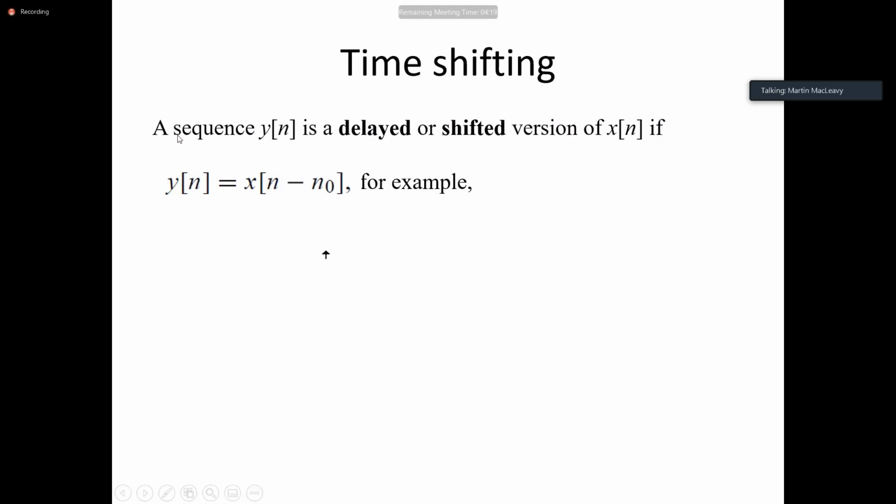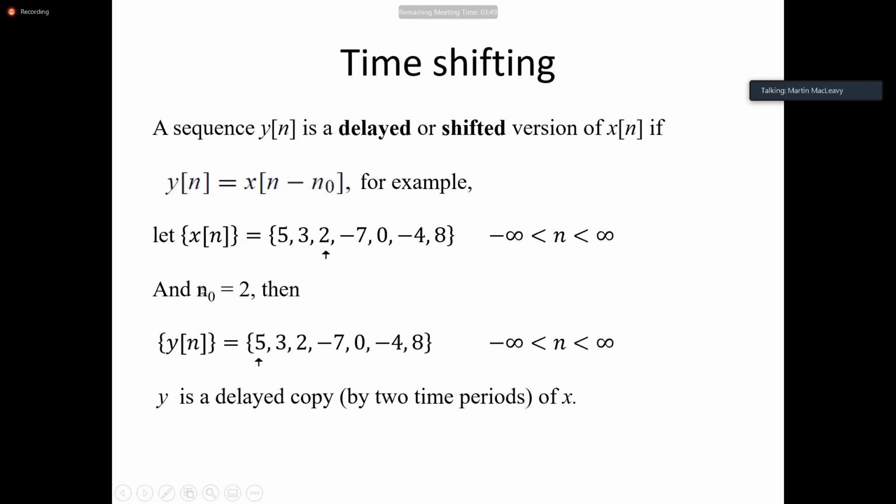Right. So a sequence can be delayed or shifted by doing a calculation where we use a shifting number here, in this case n naught, and here is an example to help explain it. So we go back and let's use our original sequence, x of n is equal to this.